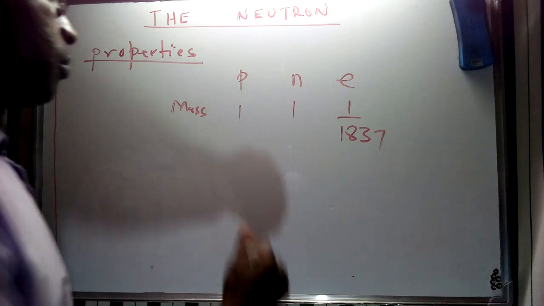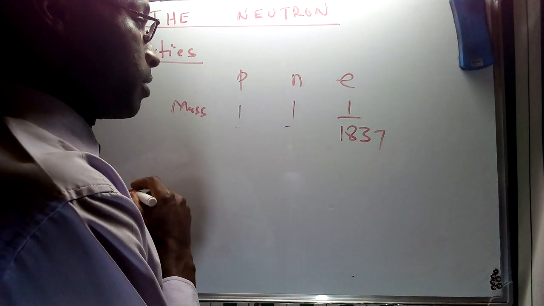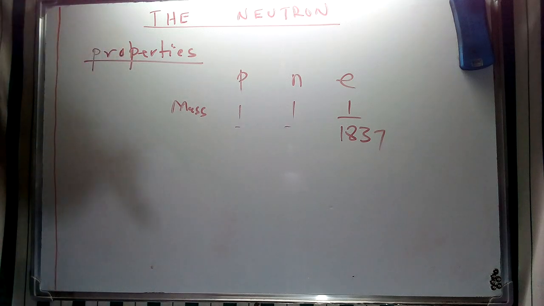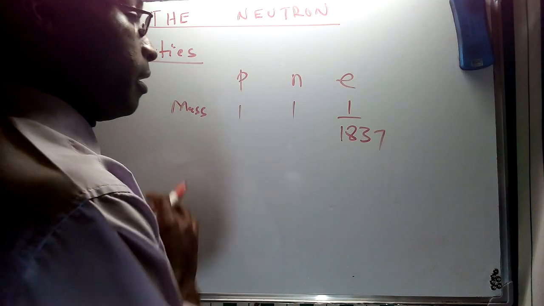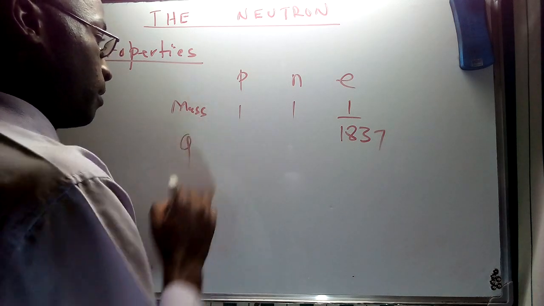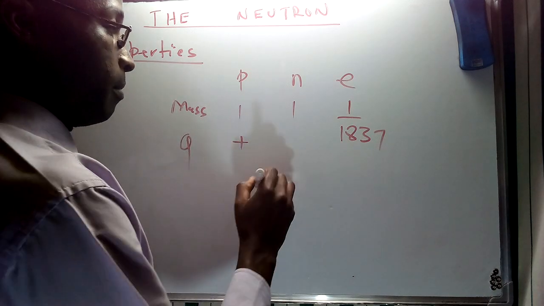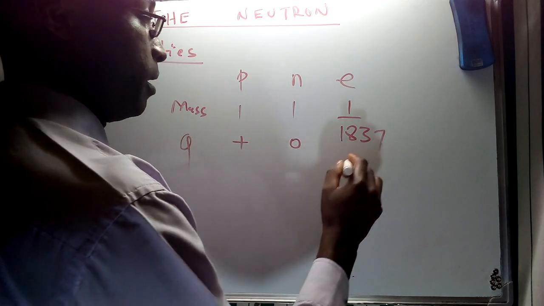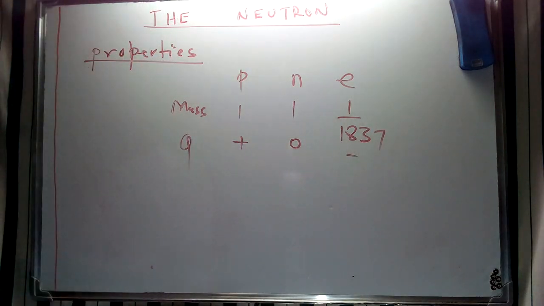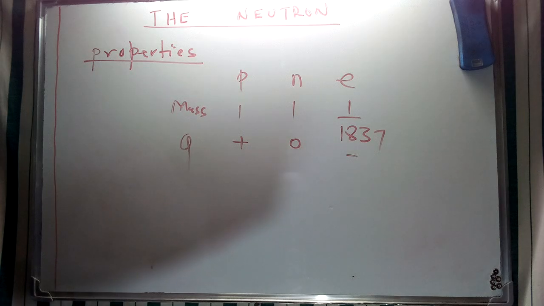So we're not going to concentrate much on the masses of the electrons insofar as radioactivity is concerned, since the nucleus is the one that has a higher implication. Insofar as charge is concerned, we say that protons are positively charged, neutrons are neutral, and electrons are negatively charged. And we're going to display them as such in this discussion as we go ahead.